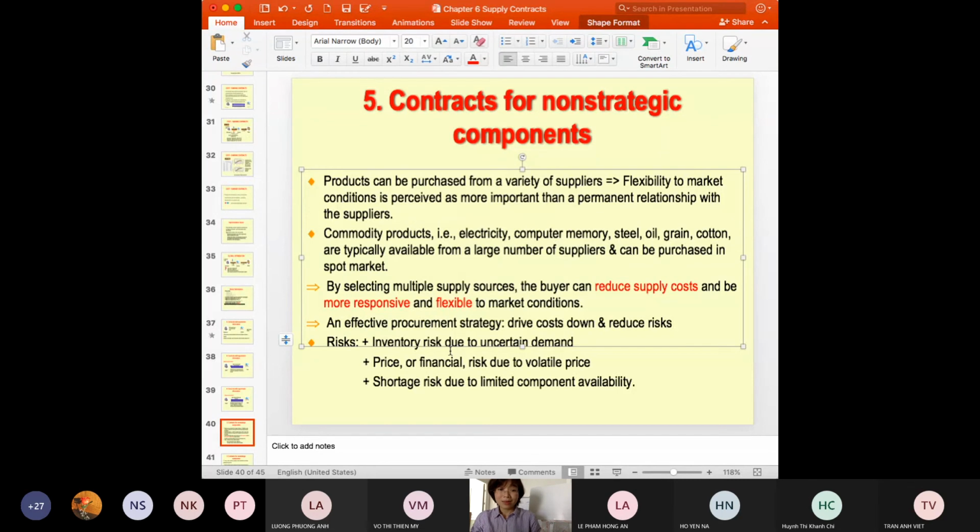Or if you don't have side contracts, there is the price or financial risk due to volatile price. It means price can suddenly change, increase or decrease. And also the shortage risk.